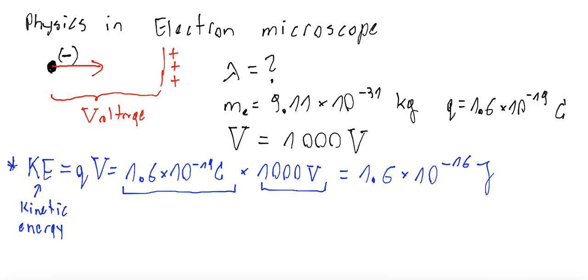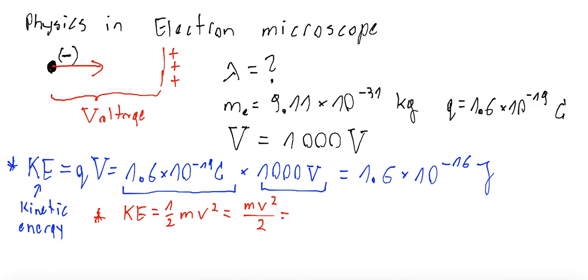The second part of the solution is to find the momentum. Okay, there is an equation linking kinetic energy with momentum, but I hope that you remember kinetic energy from your middle school. It's mv squared over 2.